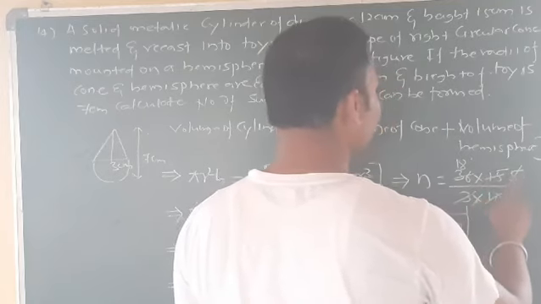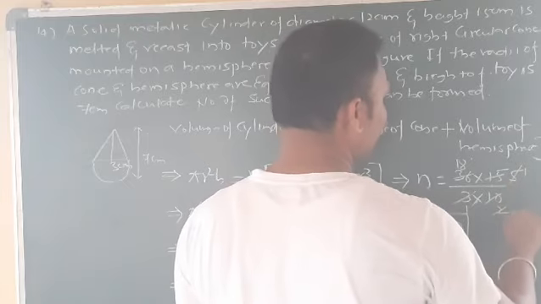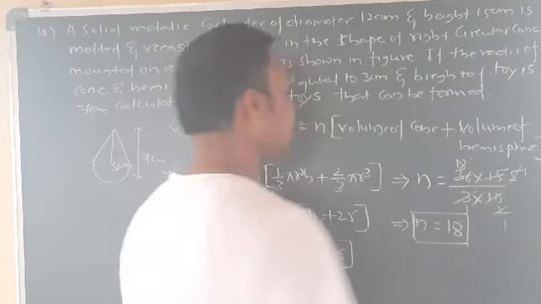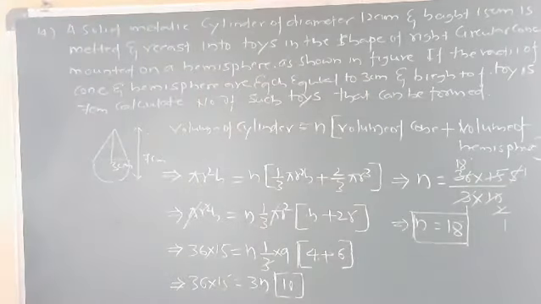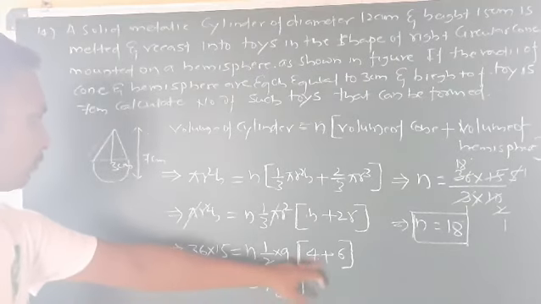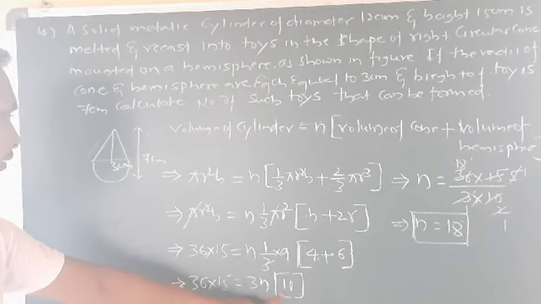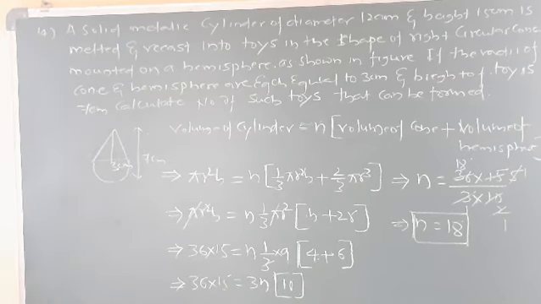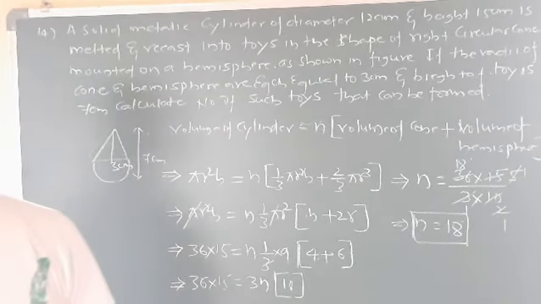It is correct: 15, 5 ones are 5, 3 2s are 6. So n is equal to 18 will come. Again 4 plus 6 is 10, 3 into 10 is 30. So 15 2s are 30, and 18s are 36. Everything is fine here. n is equal to 18.